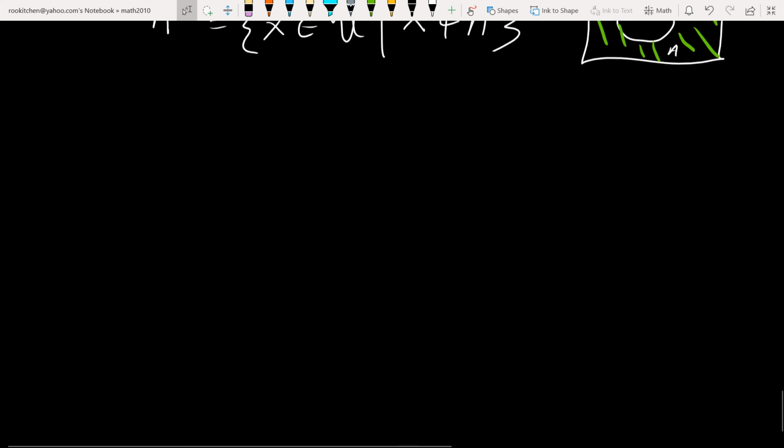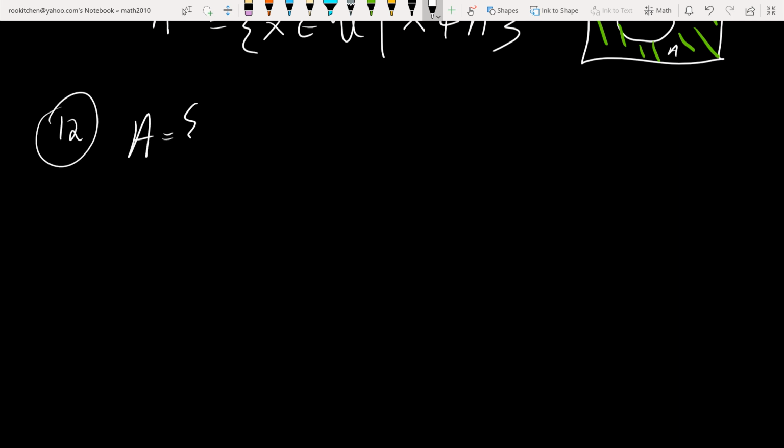Sure, let's look at a problem from the book. Probably similar to what you would do in your homework on WebAssign. They give you two sets. These are intervals. So intervals you can think of as sets.